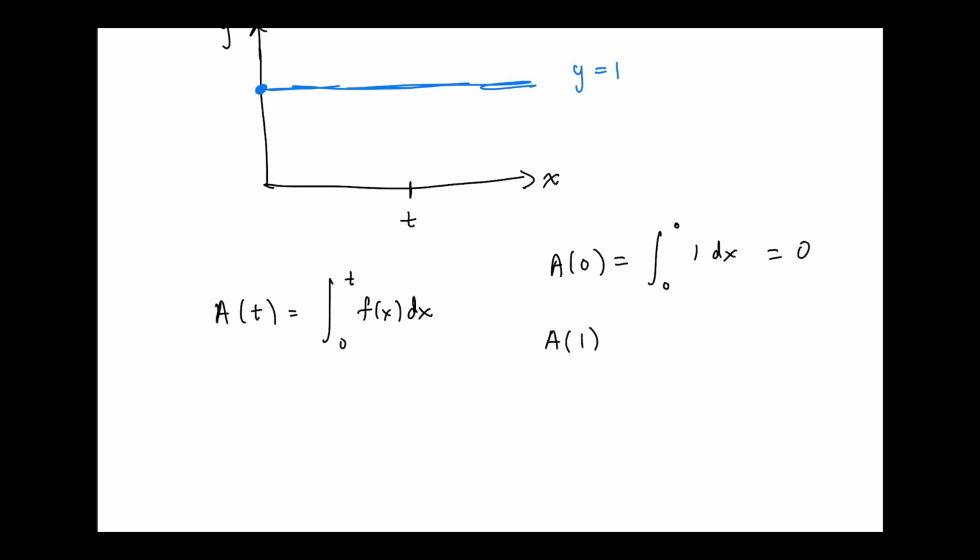What's A of 1? Well, it'd be the integral from 0 to 1 of 1 dx. And because we're not boneheads, well, maybe we're temporarily in the state of being a bonehead because it's 8 in the morning. All right, what would that be? Okay, well, what does the integral from 0 to 1 of f of x here mean?